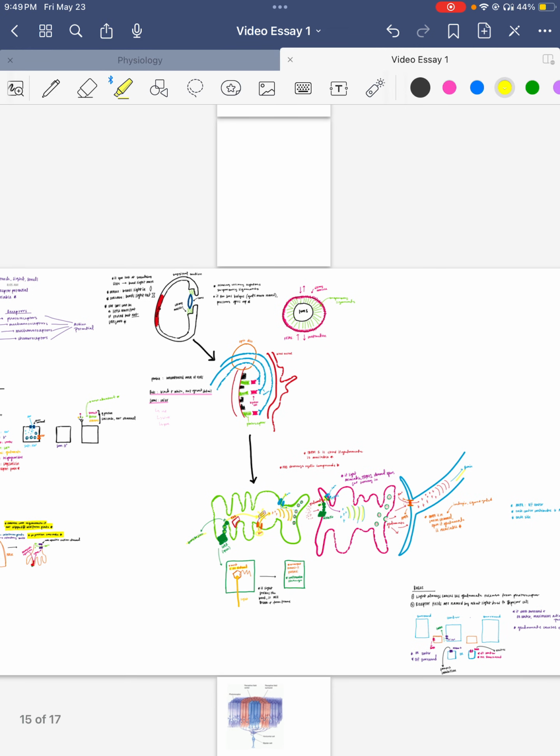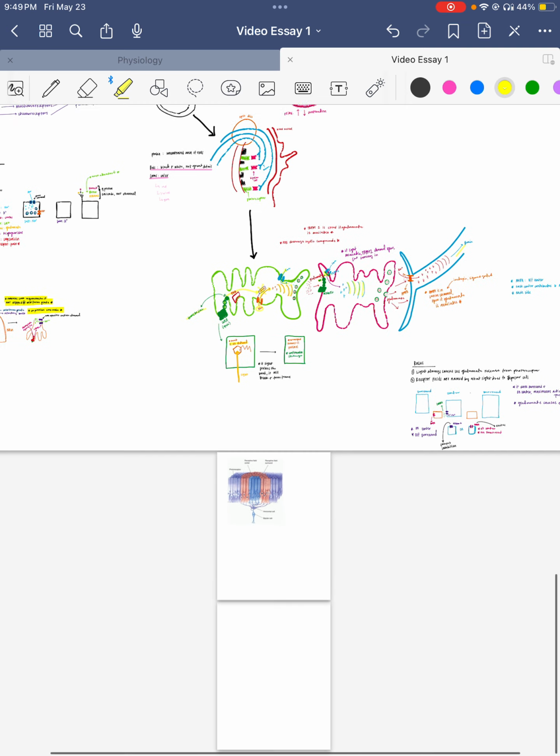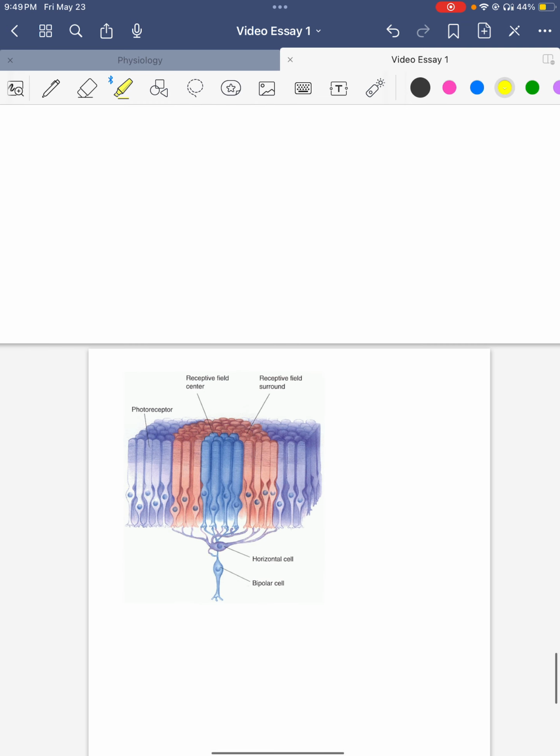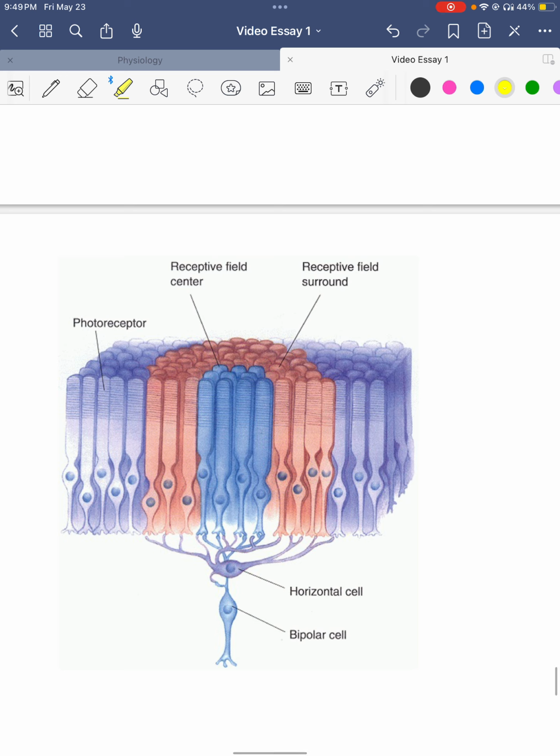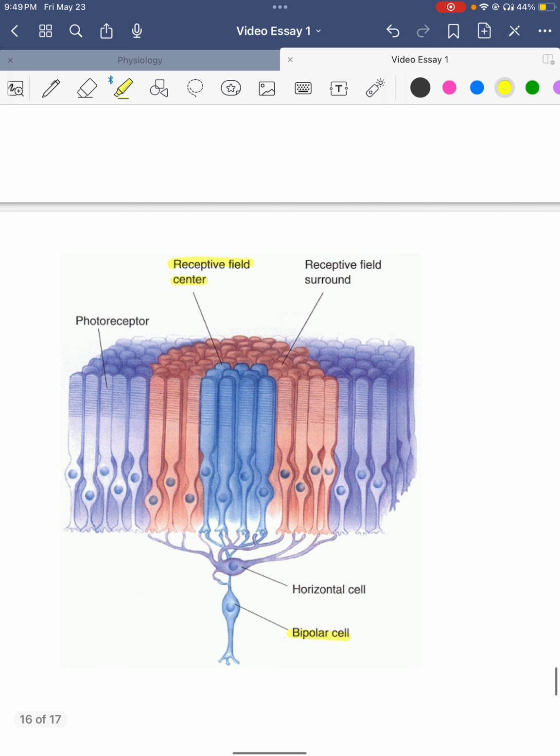Now, let's break down how the brain sharpens vision using receptive fields in the retina. So each bipolar cell has a circular receptive field with a center and a surround. So here you see the receptive field center in blue, the receptive field surround in orange.